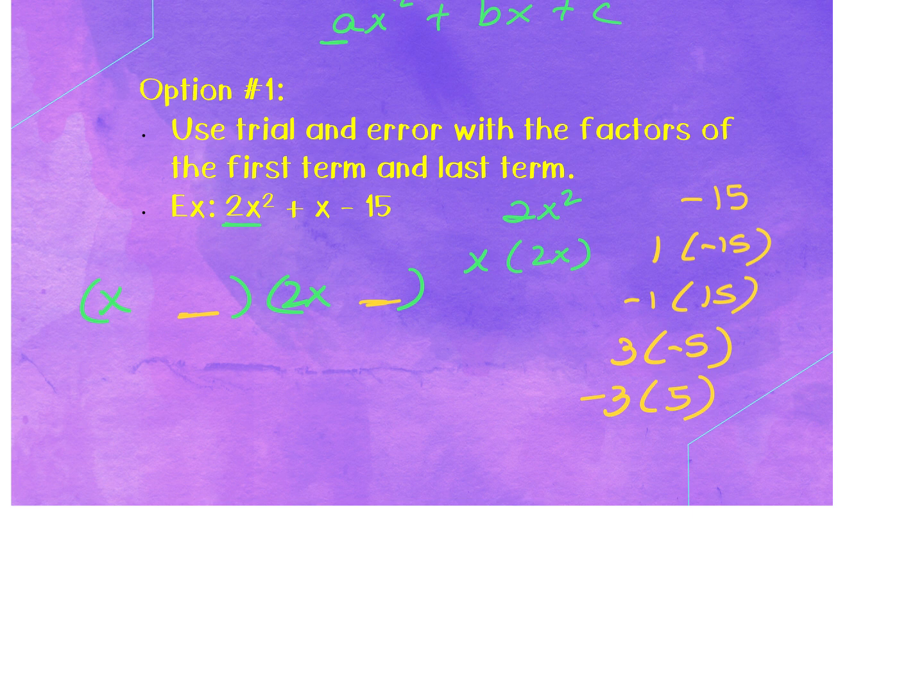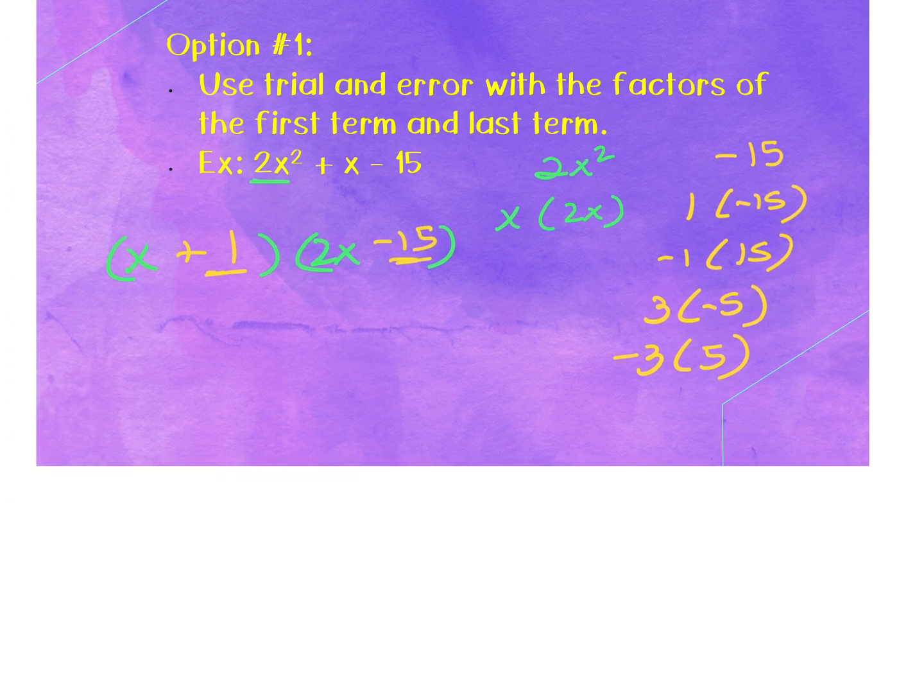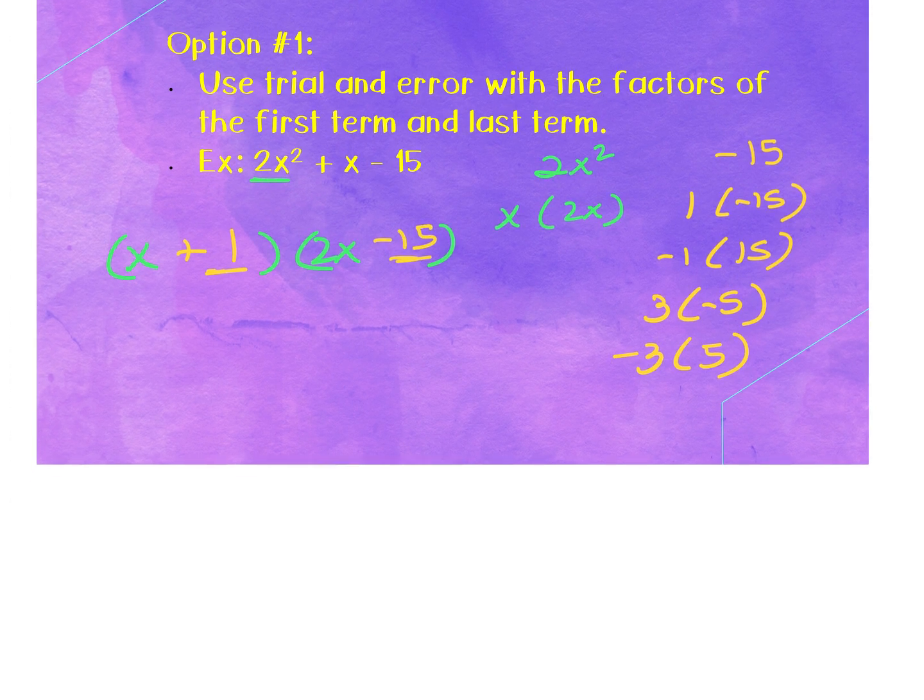So now what I need to do is start putting those in and then FOIL it until I find the one that works. So if either of these first and last terms have lots of factors, this is a more time-consuming method. So if I start putting them in, let's say I take the first one. I put a positive 1 and a negative 15. Now I need to FOIL it to see if it gives me the original.